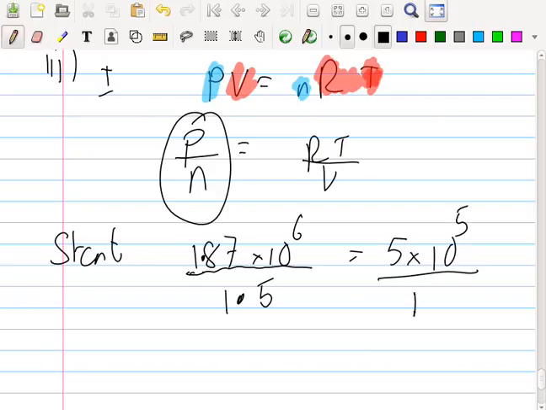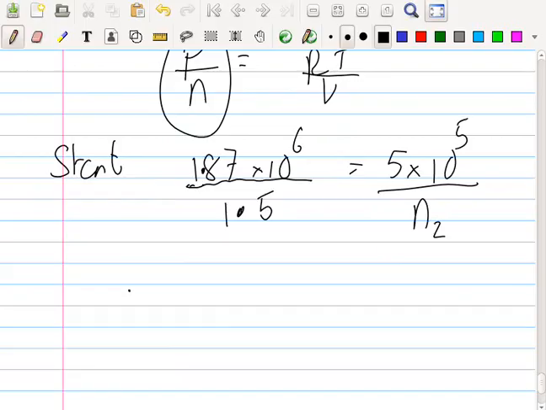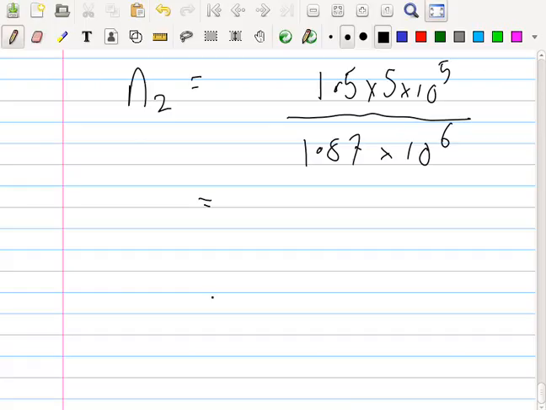And the n at the end, we'll call it n2, we don't know. A little bit of rearranging: 1.5 times 5 times 10 to the 5 over 1.87 times 10 to the 6. That's 0.4 moles left.